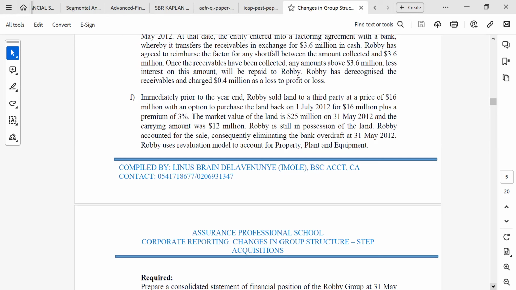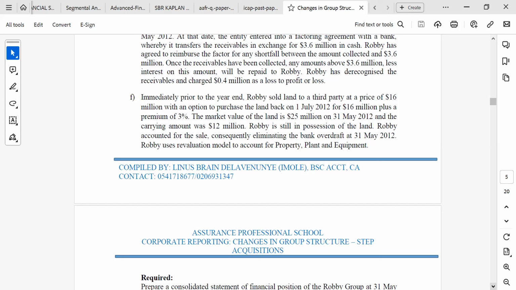Is it higher than the current market value? If it is higher than the current market value, or it is the same as the current market value, that is a sale. But if you are selling the asset lower than the current market value, it means that is a financing arrangement. You can't sell more than the market value of the asset.